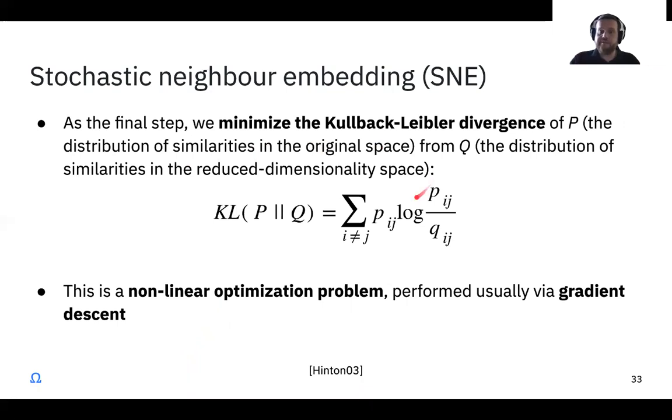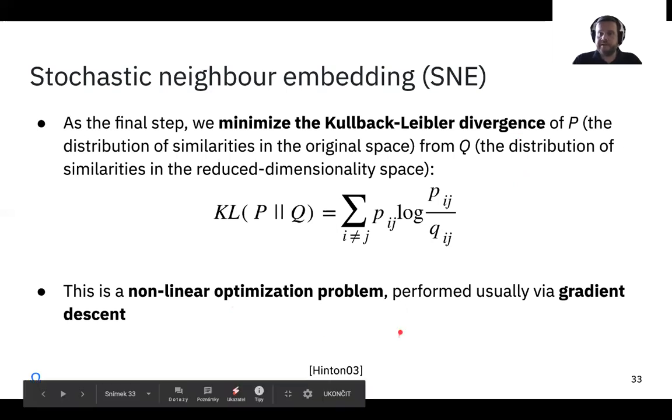This is a formula that will tell us how similar these two probability distributions are between the original space and the manifold space. We want the divergence to be as low as possible, so that our manifold space preserves the original structure as best as it can. SNE is a nonlinear optimization problem, which is usually performed via gradient descent, so it takes some time to compute.